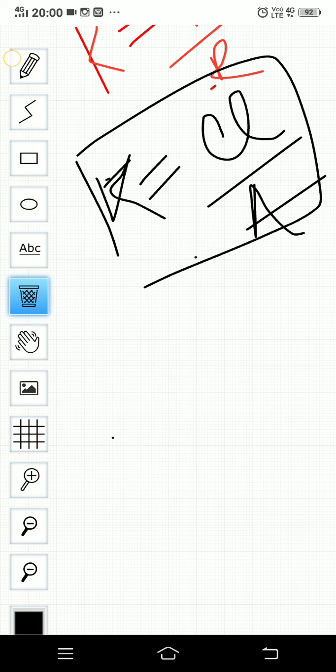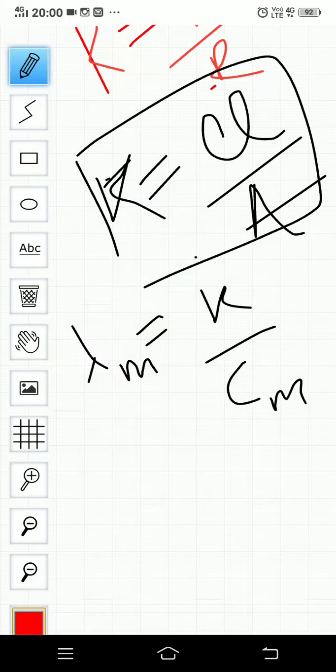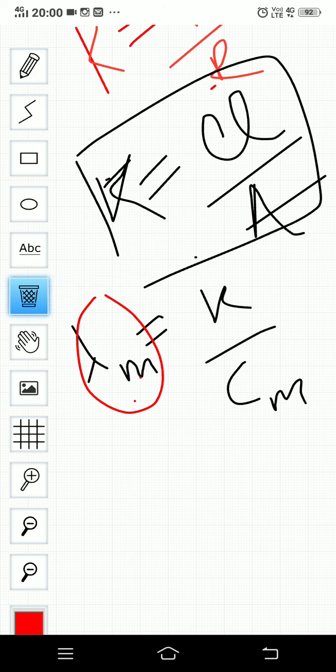So the relation between the specific conductivity and lambda m is given by K by Cm.